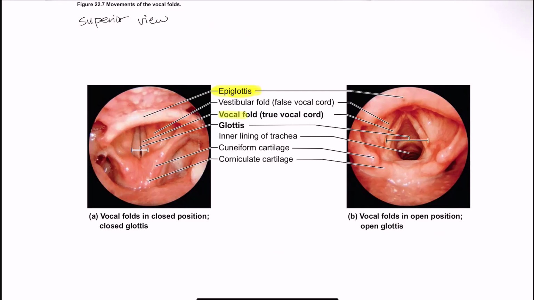Our vocal cords or vocal folds are these. So from the vocal fold to the other side of the vocal fold, that's the glottis. Note that the glottis changes depending on how big or how small this opening is.